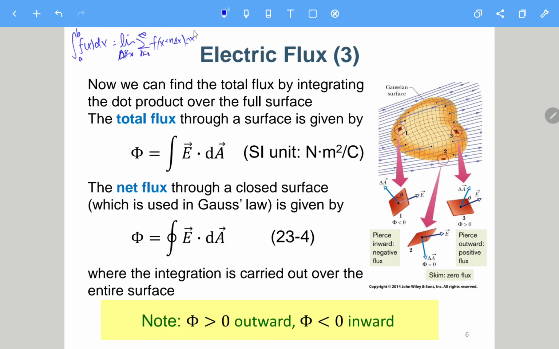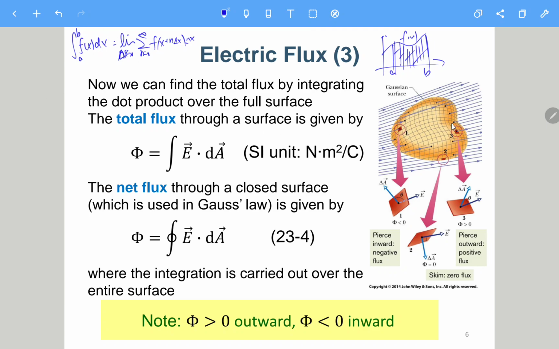Just try to cut it. For this one, it's just like you try to calculate the area under the curve. This is A, this is B. You try to calculate the area under the curve. This is f of x. So you just try to cut it like this, and then you add all the rectangles together. So here we do a similar thing, but it turns out to be a so-called surface integral rather than a 1D integral.